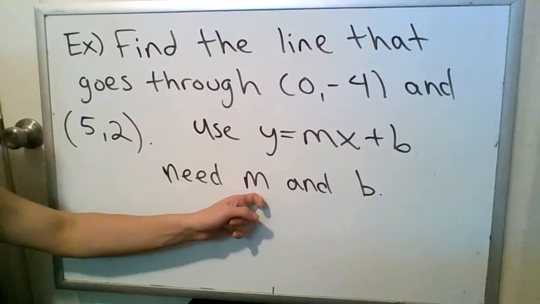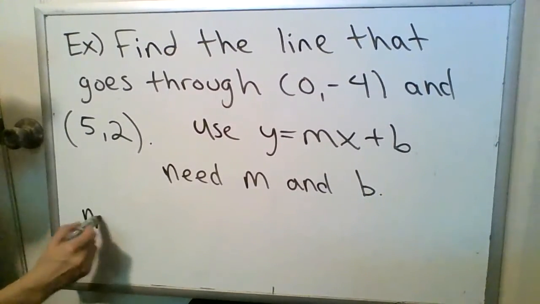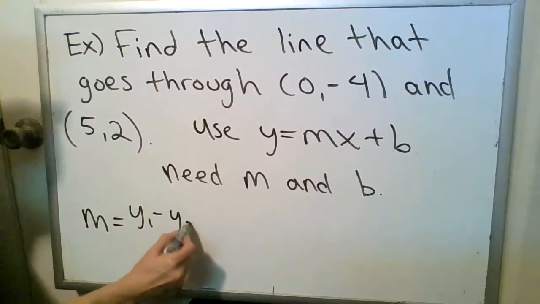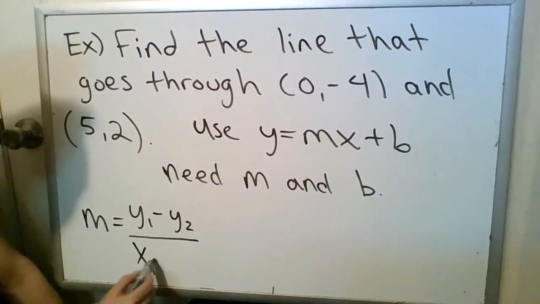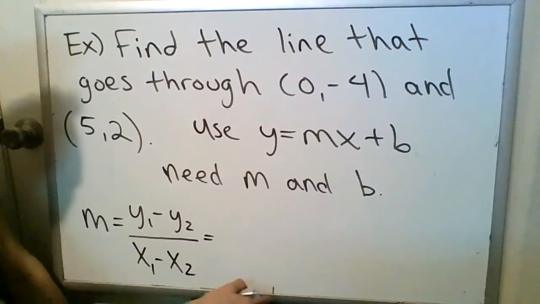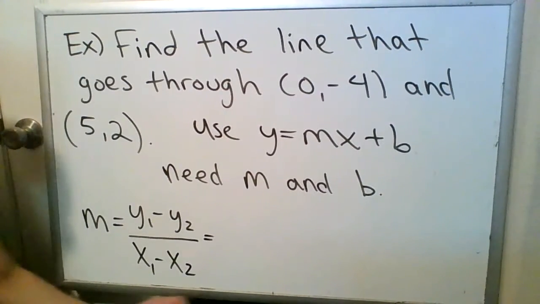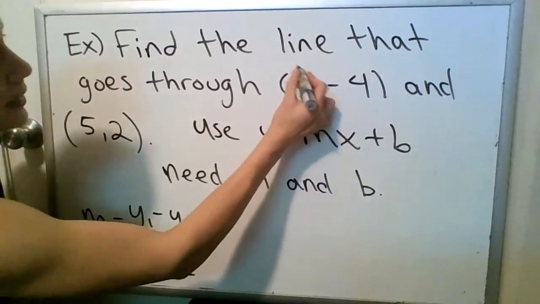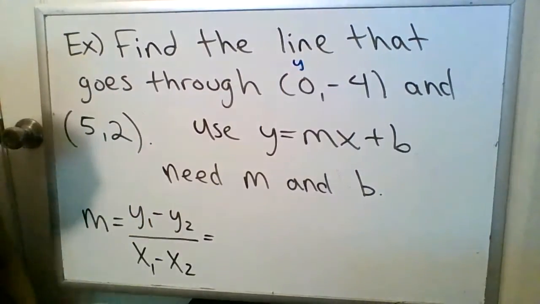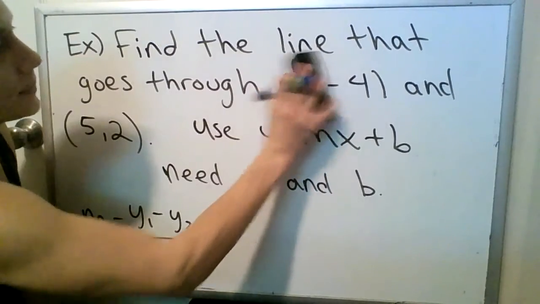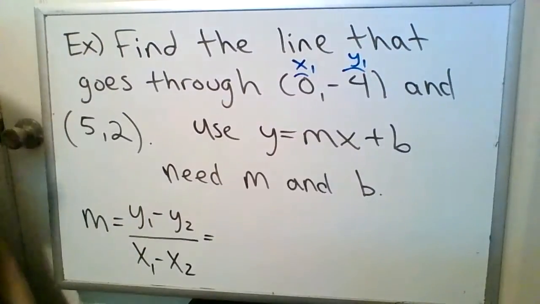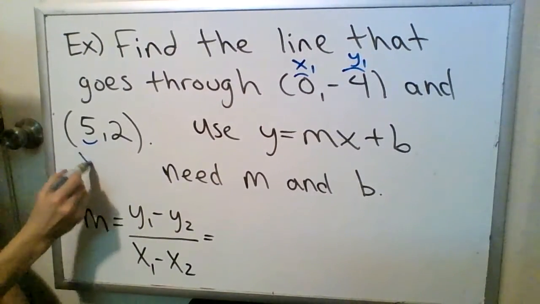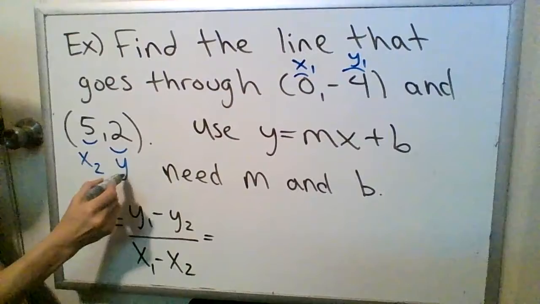Okay, the slope is the difference in your y values divided by a difference in x values. We can use y1 minus y2 divided by x1 minus x2. Let's call this y1. Oh, it's xy. So this has to be x1 and then y1. And here is x sub 2, and this is going to be y sub 2.